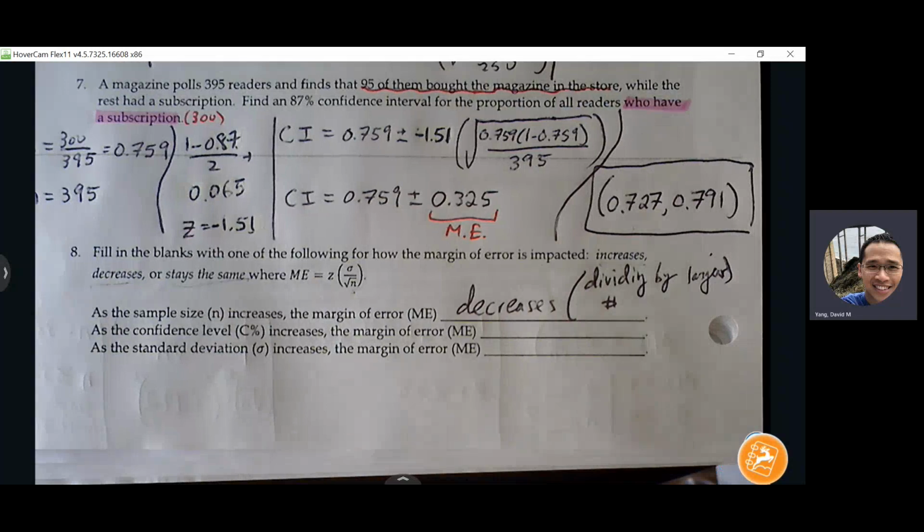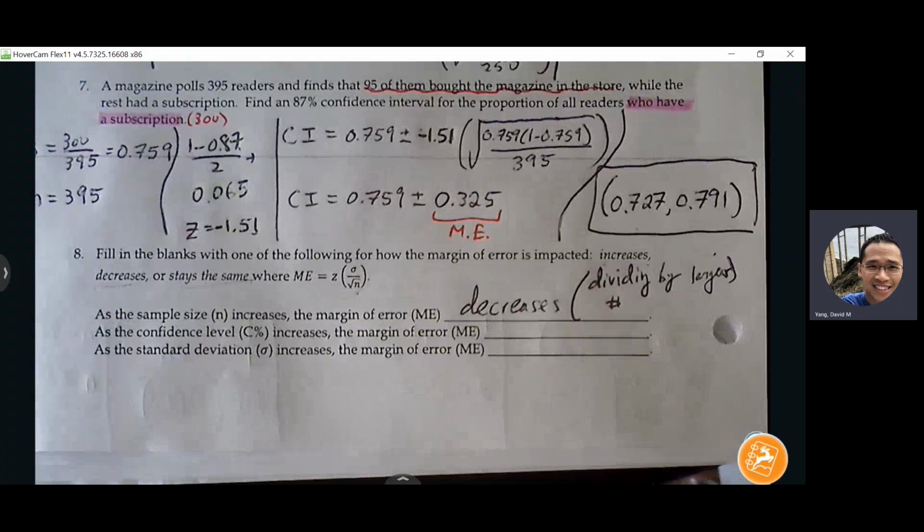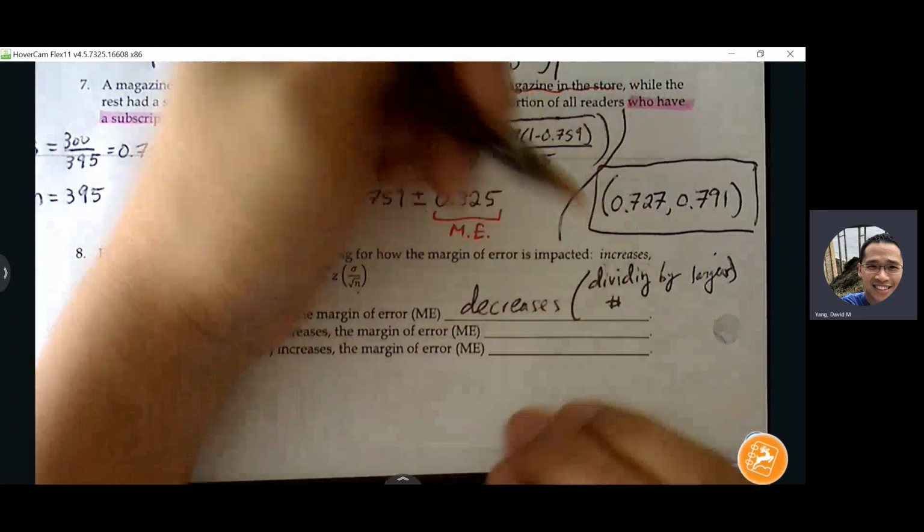The margin of error is going to increase, right? So basically, if you create a larger and larger target, you're going to have a higher confidence that someone is going to meet that target, right? So your margin of error is going to keep widening, which will increase your confidence level.